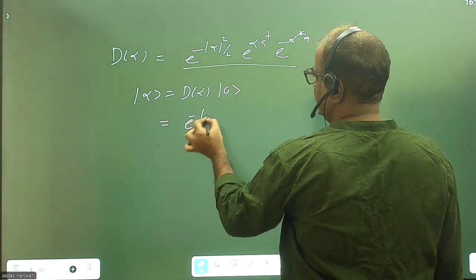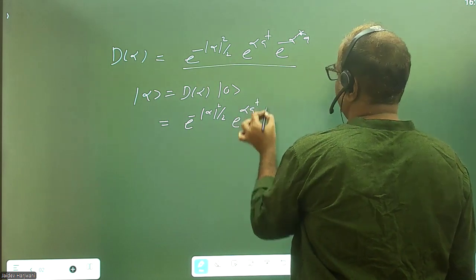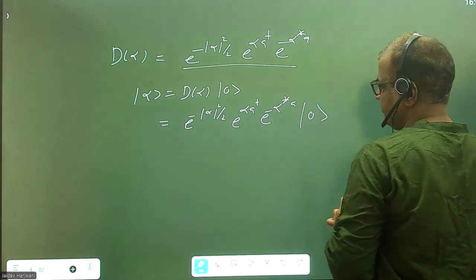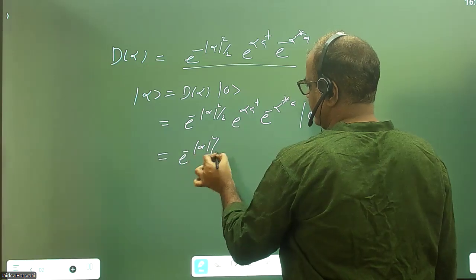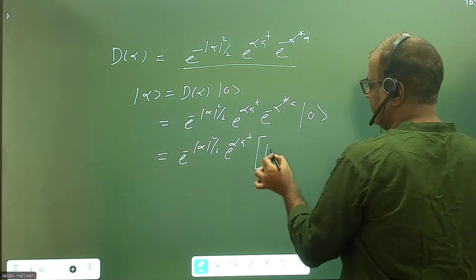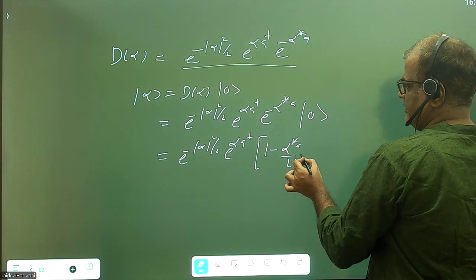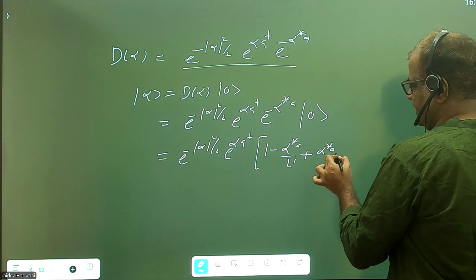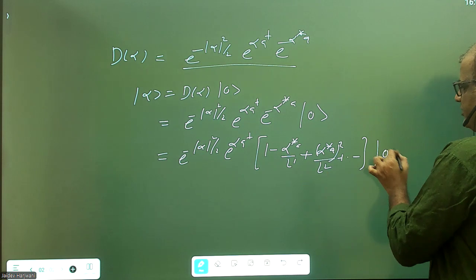So this gives me e^(-|alpha|^2/2) e^(alpha a dagger) e^(minus alpha star a) on the vacuum state. This I can expand: 1 minus alpha star a over factorial 1 plus alpha star a squared over factorial 2, and so on, on the vacuum state.